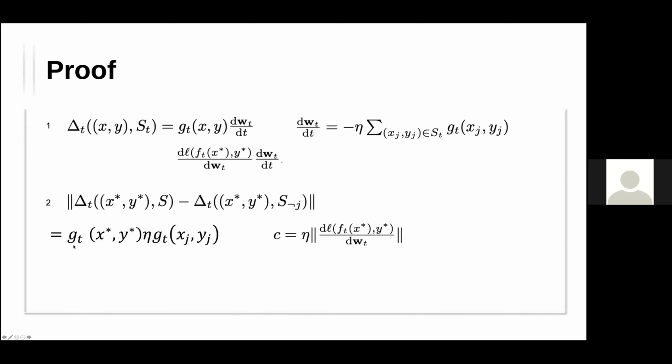Then you just write it as g_t, the gradient of sample (x star, y star), times the learning rate eta, times the gradient of (x_j, y_j), because the others are canceled out by this minus.